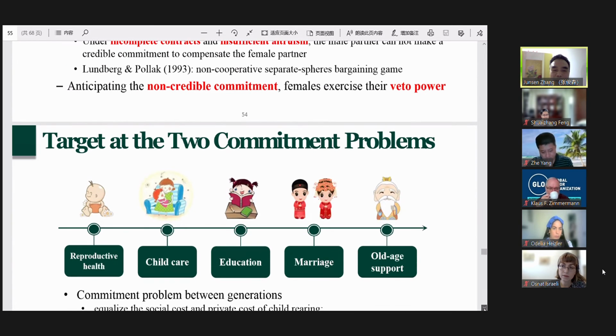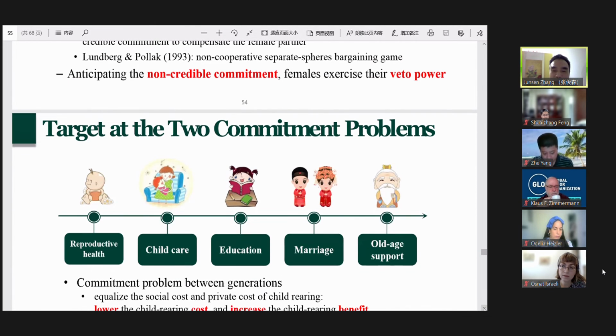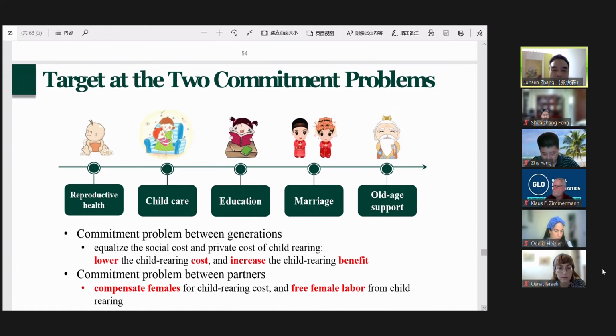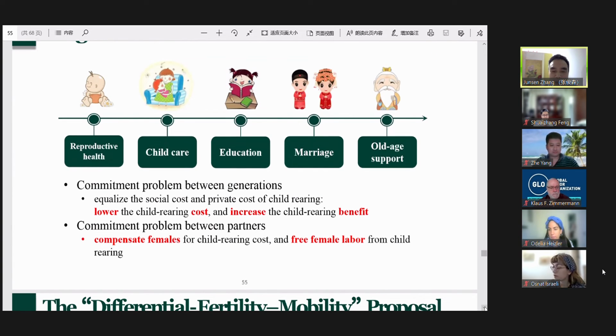So if we target the two commitment problems and look at the issue in a life cycle context, we have a few things involved: reproductive health, child care, education, marriage, and old age support. Especially the next four are the important things to tackle, to solve or mitigate the problem.